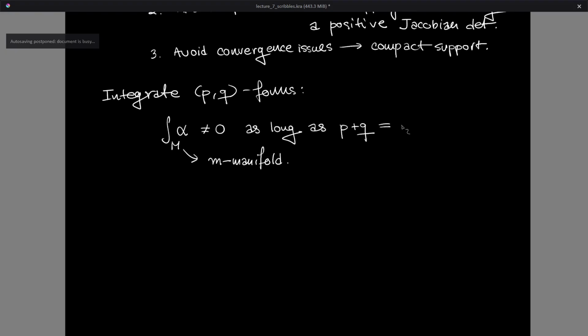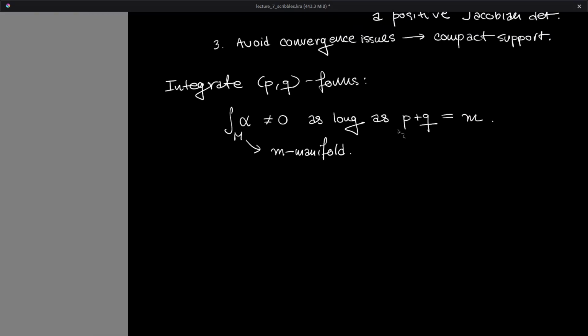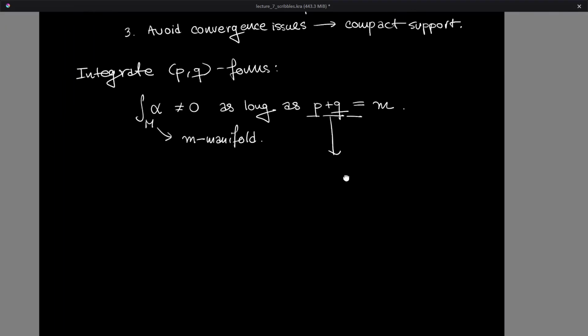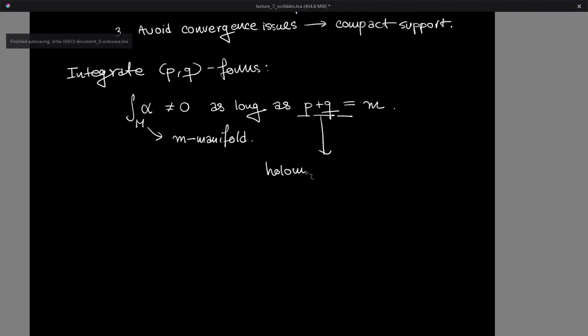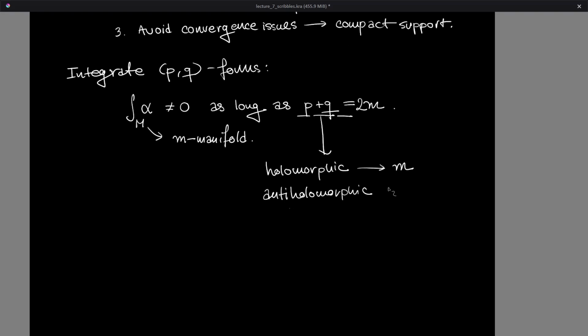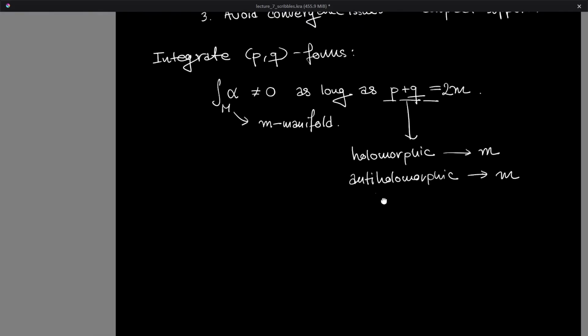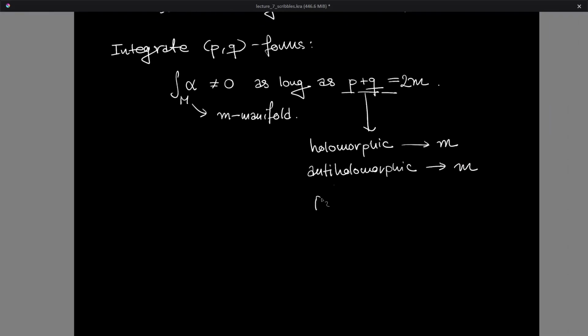That means that this has to equal M, but if this is a complex bigrade, then we know that the holomorphic subspace can only go up to M, and this has to equal 2M, and the anti-holomorphic space can also go up to M. So the only combination is P is equal to M, Q is equal to M.